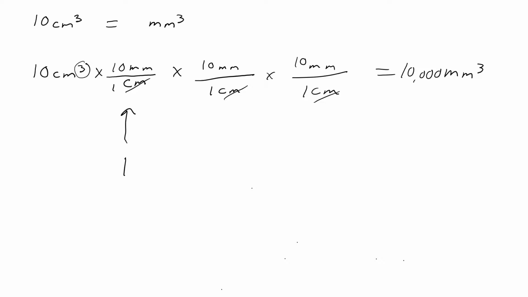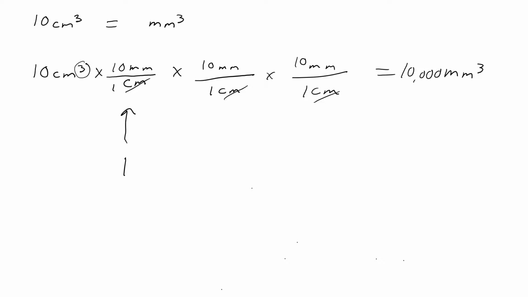The second one is probably the most important for this class. And what's awesome is that it allows you to go from a mass, a gram, to a volume, either in milliliters or cubic centimeters. Water is such a cool substance. 1 milliliter of water takes up exactly 1 cubic centimeter and weighs exactly 1 gram.